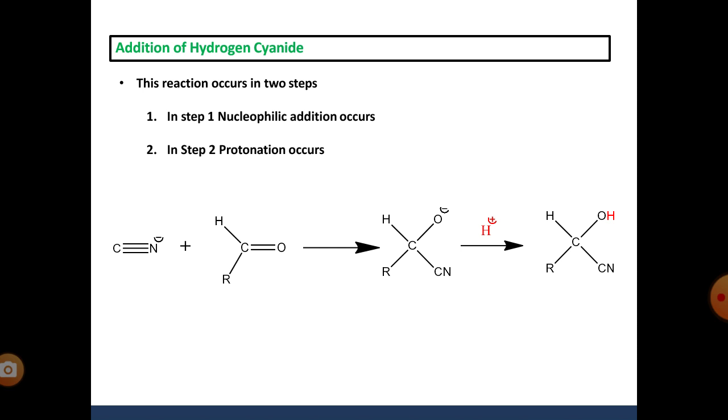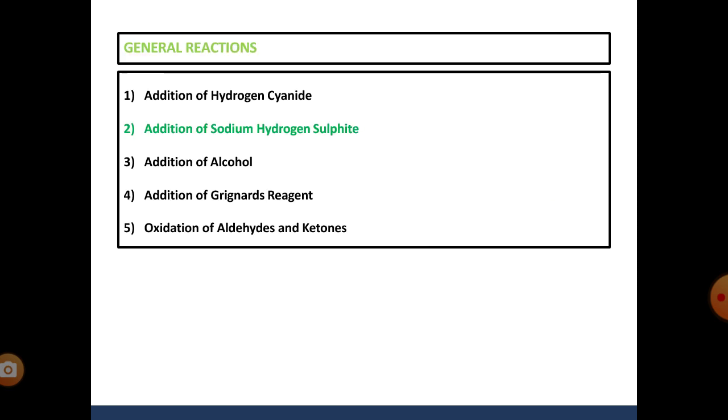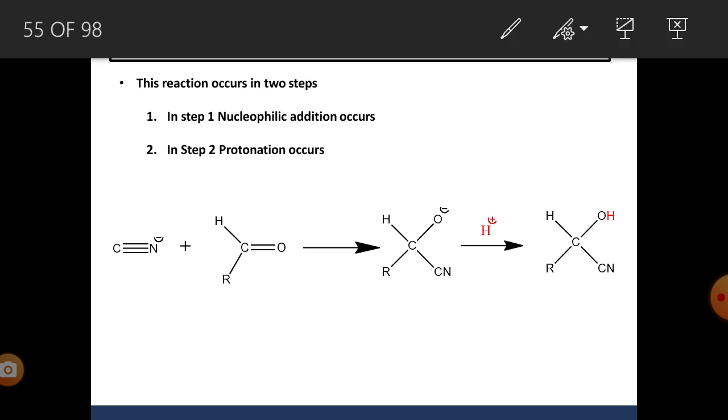Step number 1 is nucleophilic addition. Step number 2 is protonation. As this oxygen is electron rich, it has to be neutralized, so it accepts H plus from solution and is converted into the cyanohydrin complex.